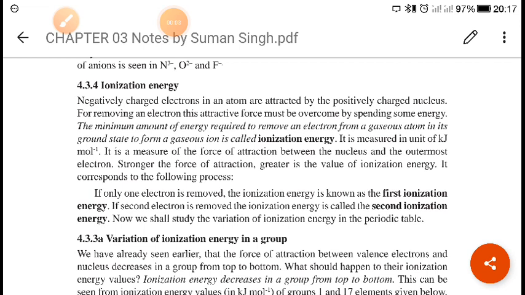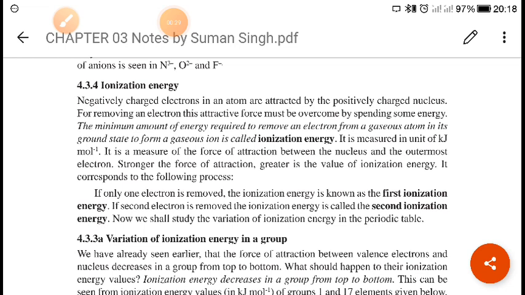When we talk about ionization energy or ionization enthalpy, as we know, an atom is composed of a positively charged nucleus and negatively charged electrons revolving around it. This is the basic concept of an atom. Now this nucleus exerts an appreciable force of attraction on those planetary electrons.